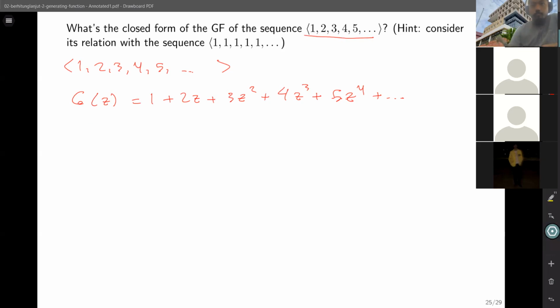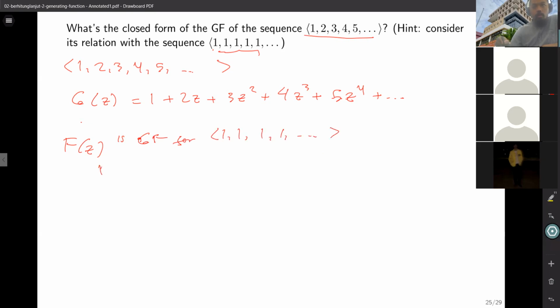Well, let's have the generating function of this. Let's call it F(z). So it is the generating function for this.